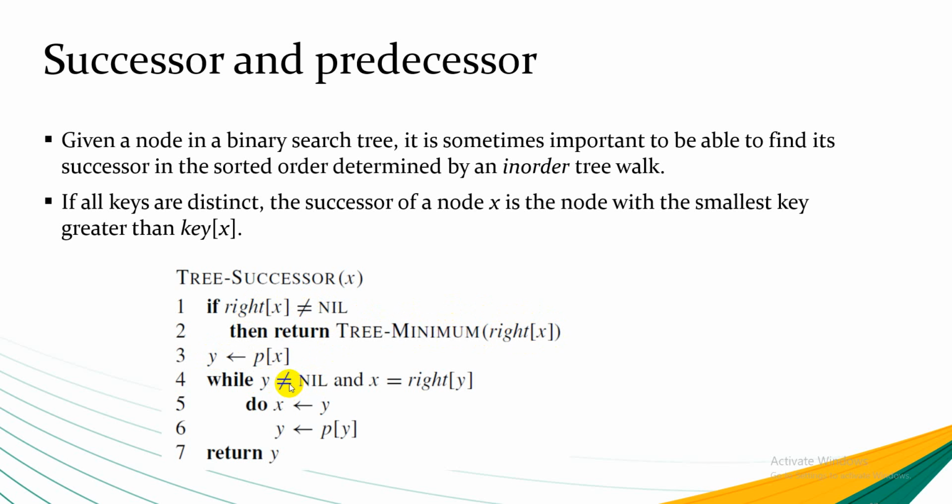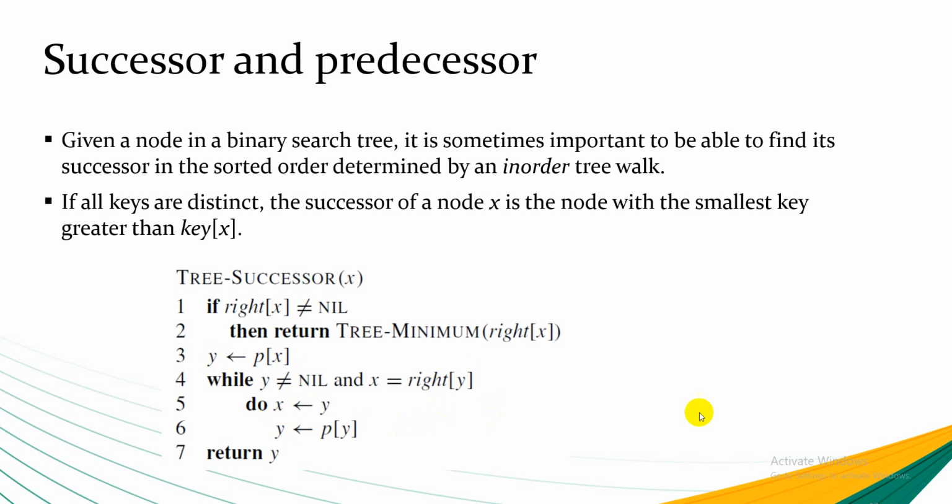While the parent of x is different from null, and x is at the right of its parent, we go to the grandparent. If x is not at the right, so if x is at the left and this is false, we simply return y. And if x is at the right of its parent y, then we set x equal to y, and y becomes the parent of y, so we go one level up.